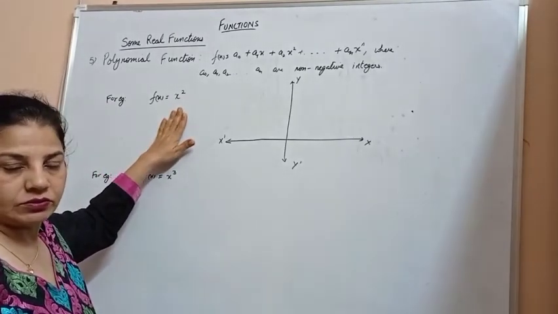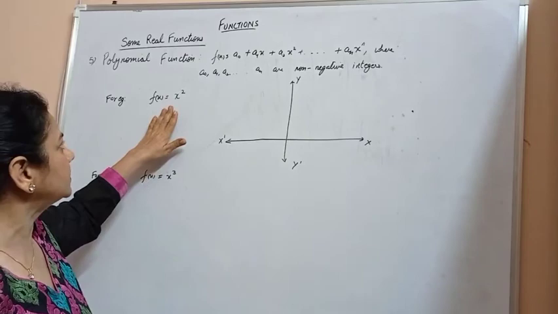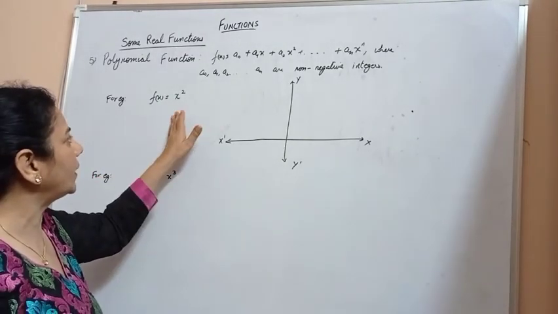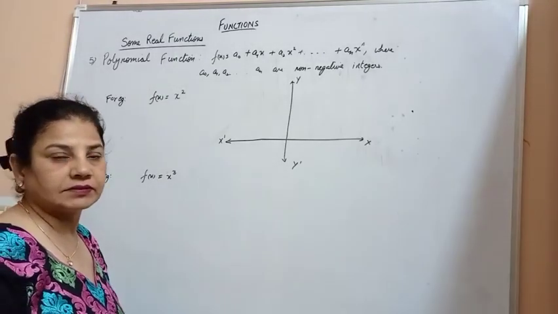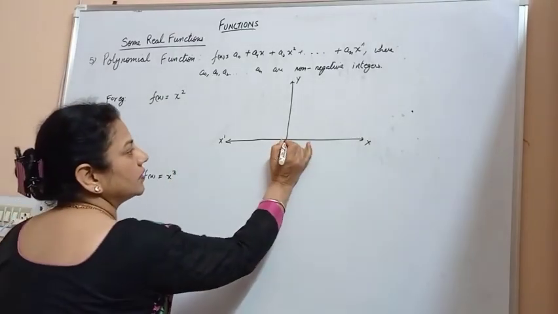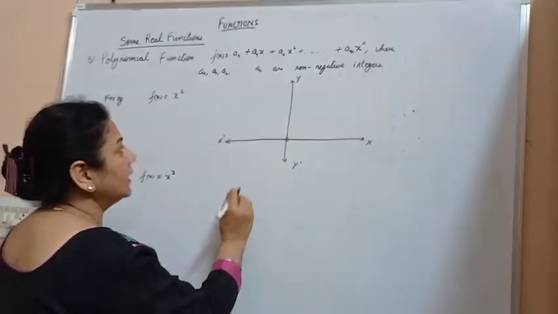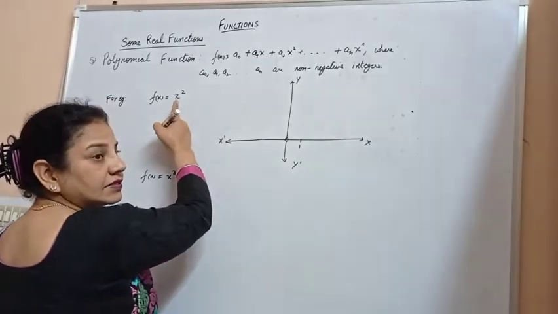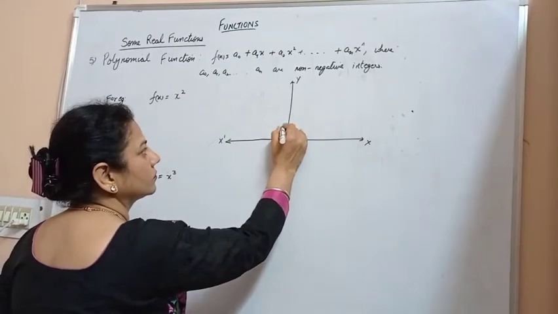f(x) = x². For this we give values to x and get the corresponding values of f(x). Let x be 0, so f(x) is also 0. Let x be 1, then f(x) is 1 squared, which is 1.